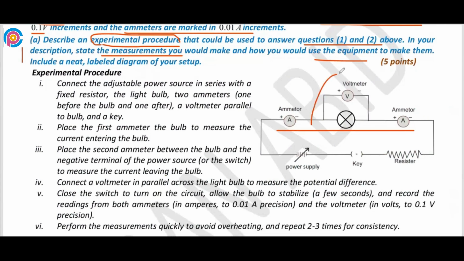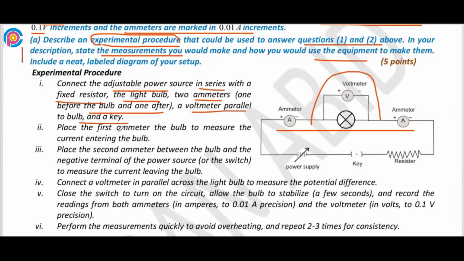Then, in parallel, we have a voltmeter across the bulb, and the resistor in series, and there is a key to switch the apparatus on and off. So the adjustable power supply is in series with the fixed resistor, light bulb, ammeters before and after the bulb, and a key, with the voltmeter in parallel.